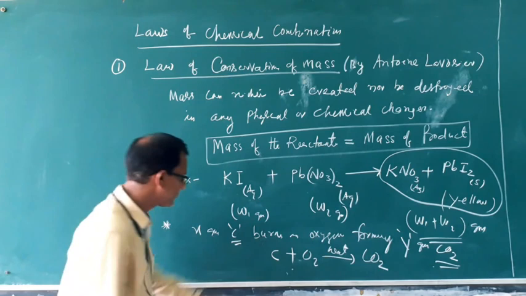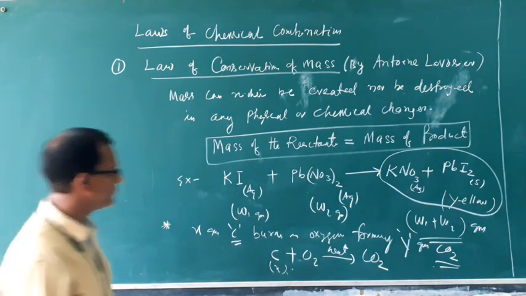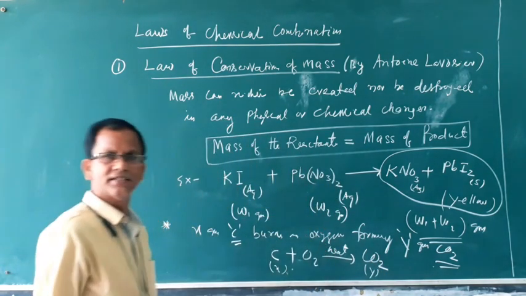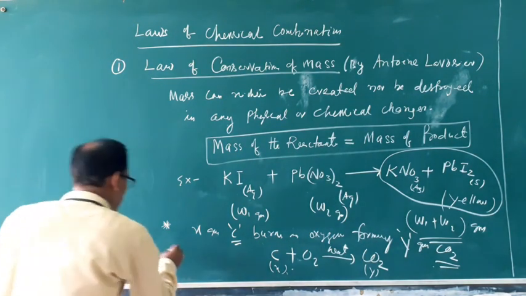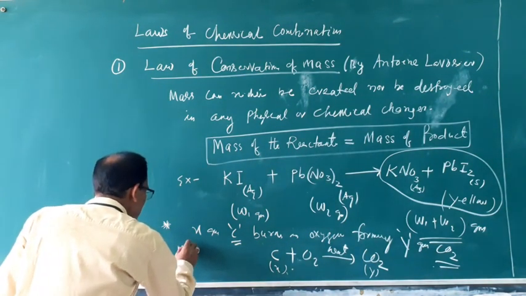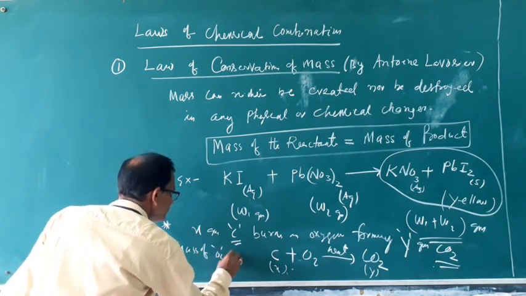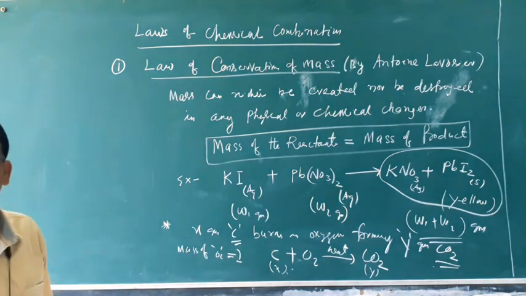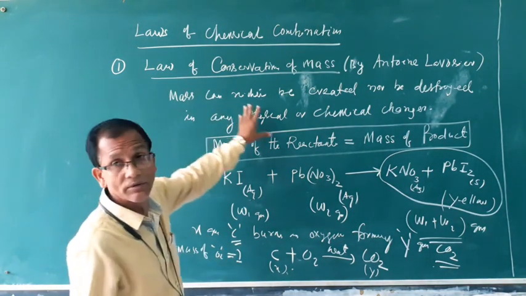Here the mass of carbon is X gram, and the mass of carbon dioxide produced is Y gram. The question is, what is the mass of oxygen combined with carbon? We will apply the law of conservation of mass.